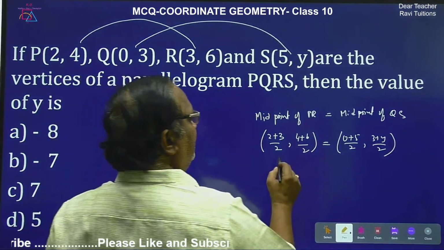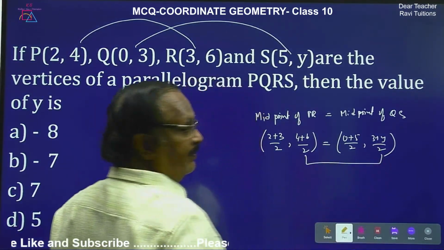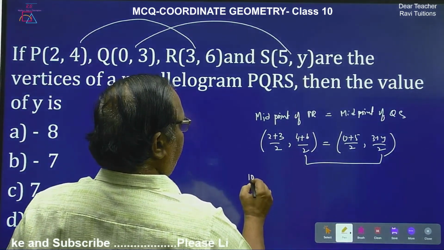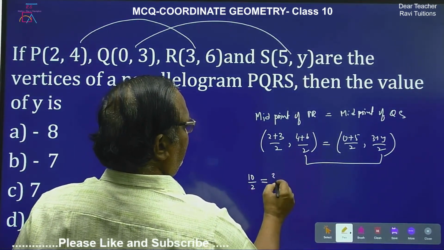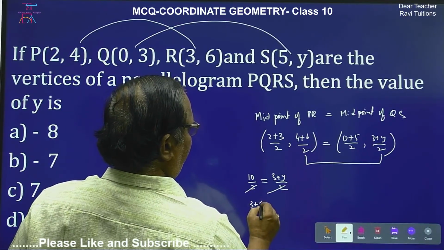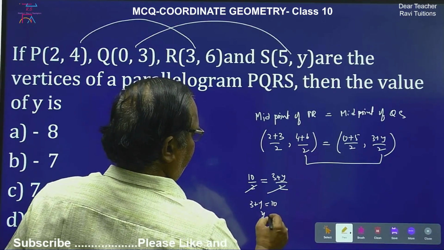Now these two you have to equate because we need y. So then how much? 10 by 2 is equal to 3 plus y by 2. 2 cancel. 3 plus y is equal to 10 and y is equal to 7.